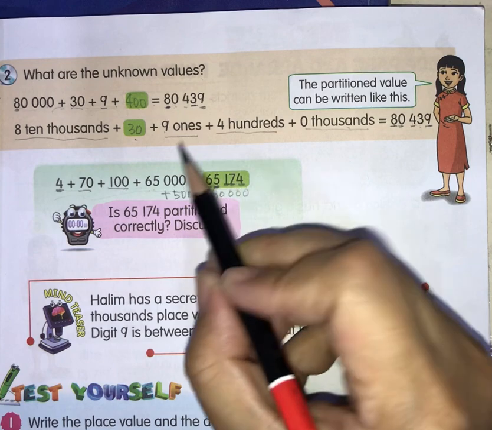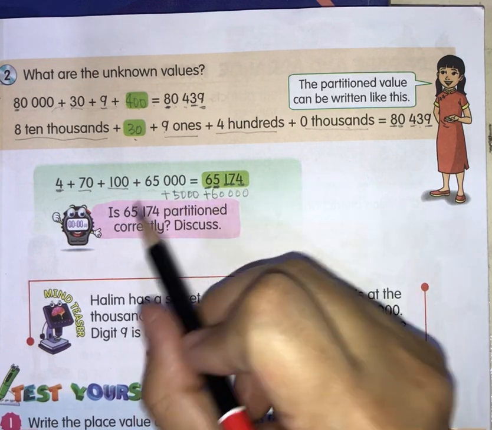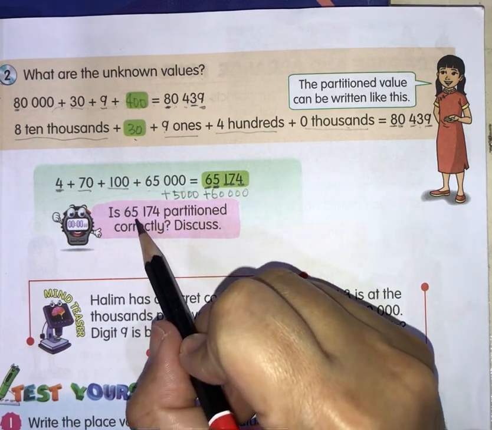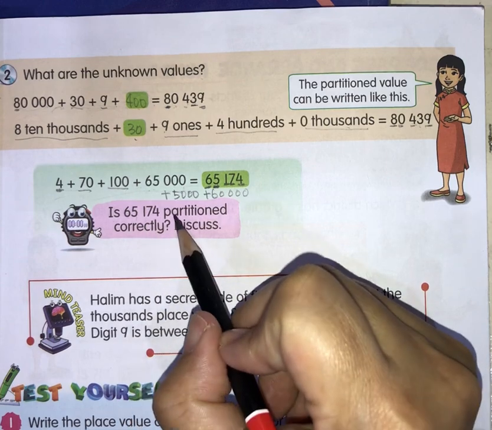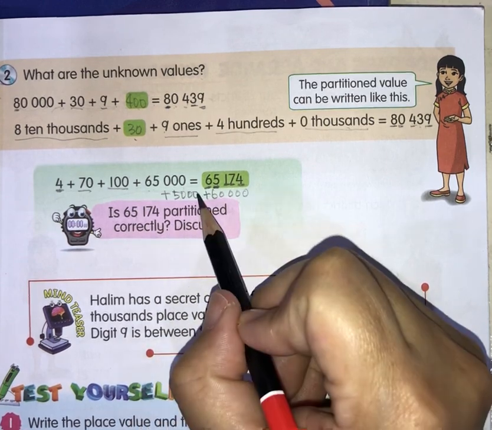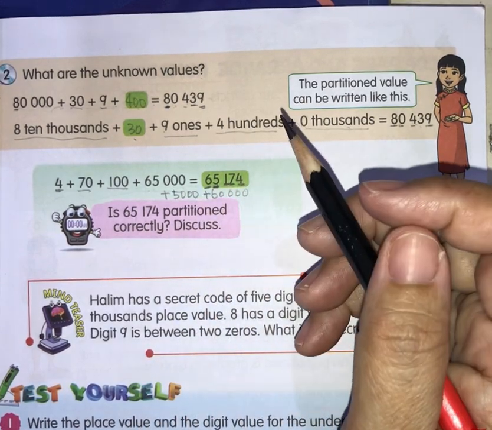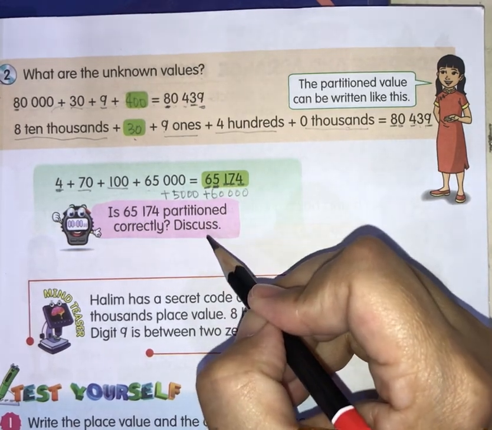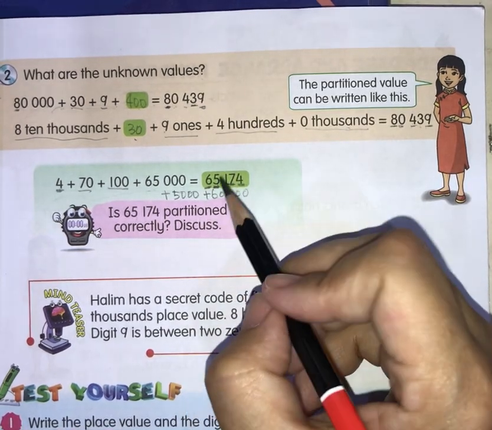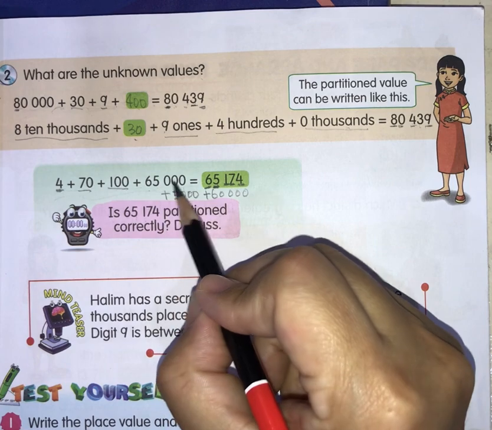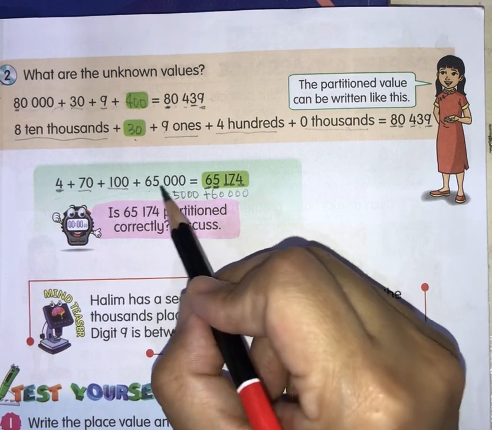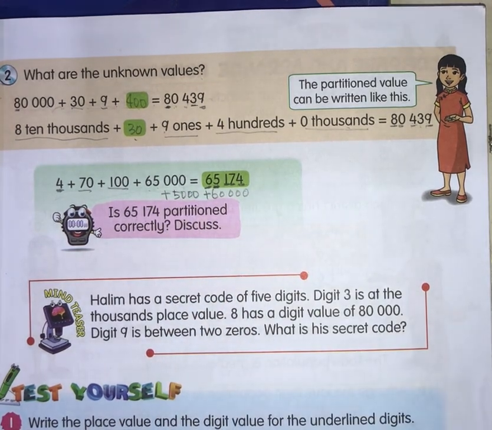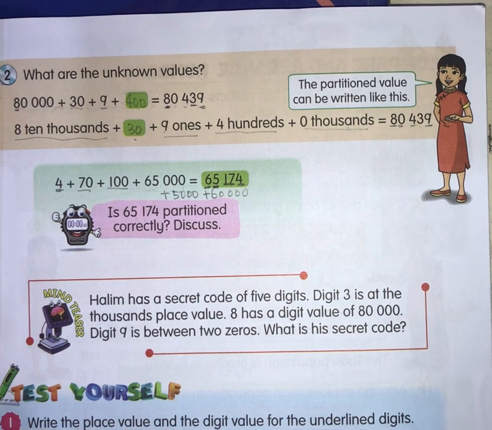So is 65,174 partitioned correctly? What is your answer? No, right? No. Because 65,000, you still can do the partition. Okay? So, that's all. Thank you.